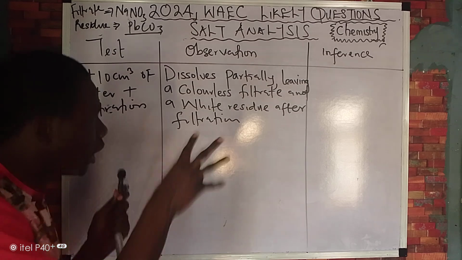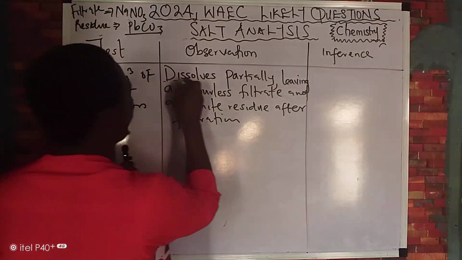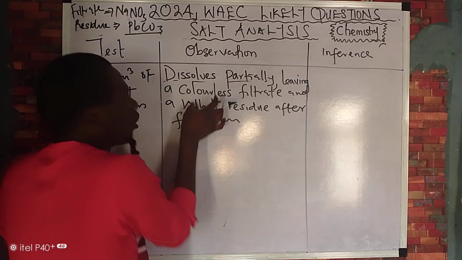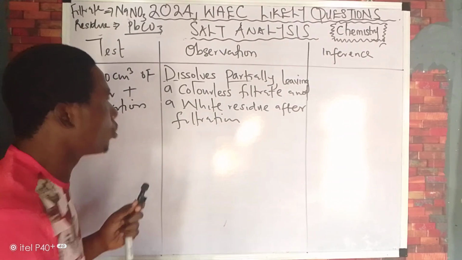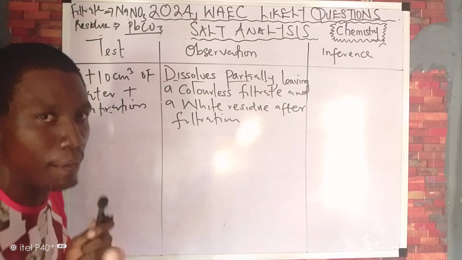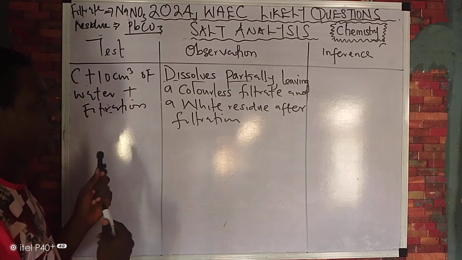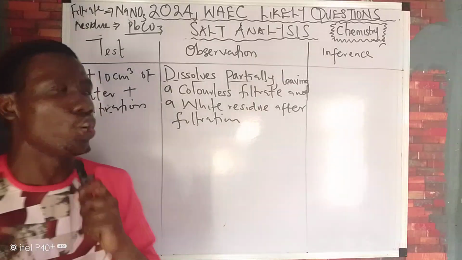So if I dissolve it, I will discover that some part will dissolve. That's why I said dissolves partially, leaving a colorless filtrate. When you filter, you see that the filtrate will be colorless, okay? And the residue will be white. Remember, I told you, your residue is lead carbonate, filtrate is sodium nitrate. So what will be your inference or your conclusion?